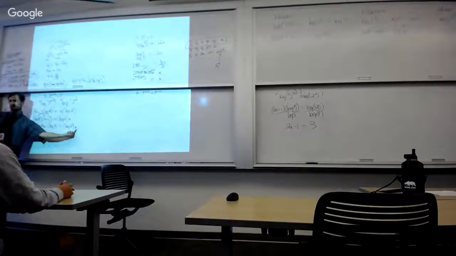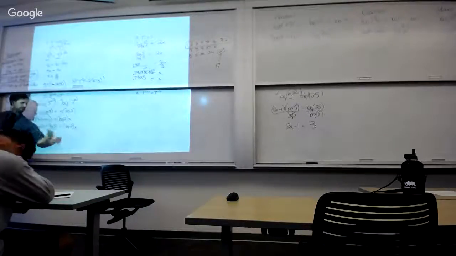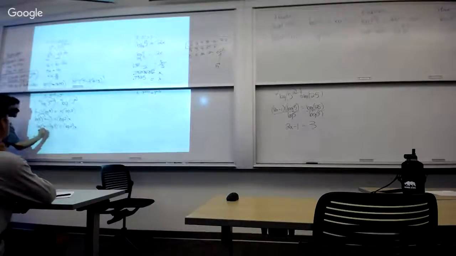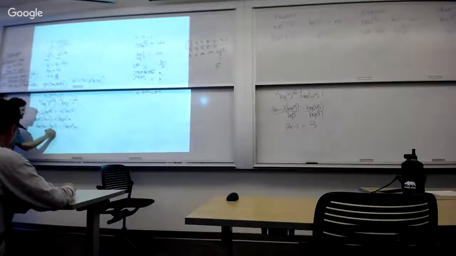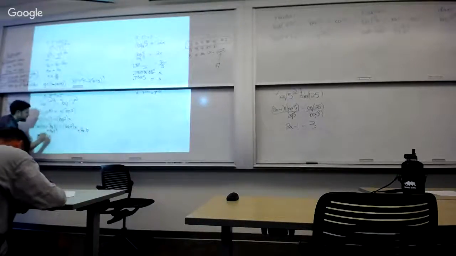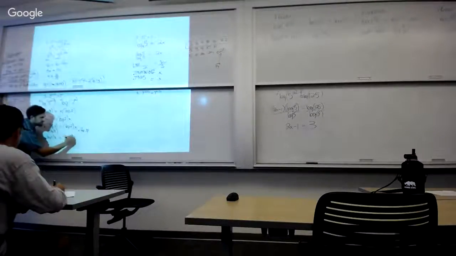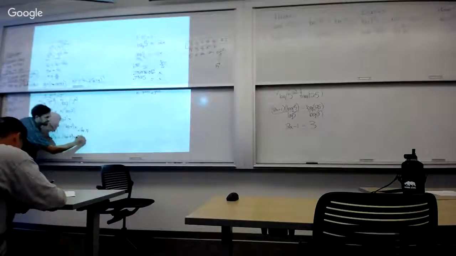Where do we bring all the x's? To the left. Where do we take all the numbers? To the right. So let's move this log 3 over to the right. Now I have (log 3)x equals (log 2)x plus log 3.